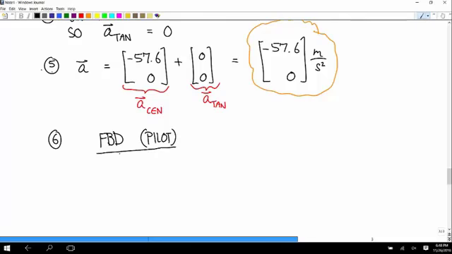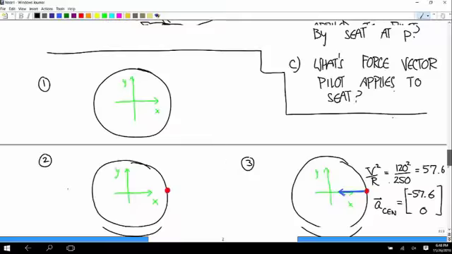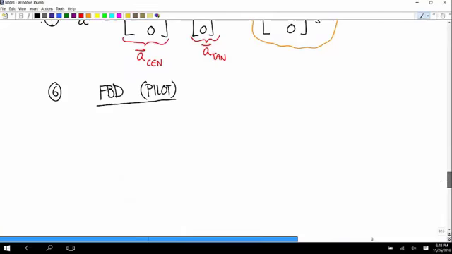at this instant. So when the plane is at the point P, the airplane is going straight up into the air at that instant. And so the pilot would be looking straight up into the air, so it would be sitting like this.